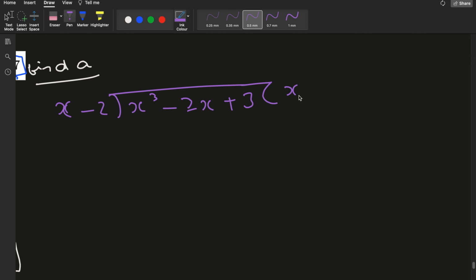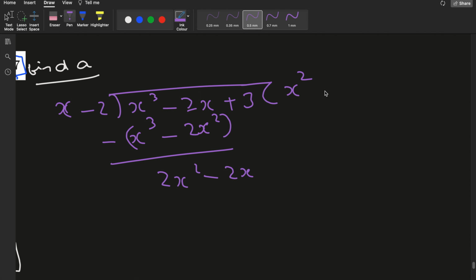So over here it would be x squared. So x cubed minus 2x squared. Let's subtract this. It's going to be 2x squared. Bring down the 2x minus 2x, so it's going to be plus 2x. So 2x squared minus 4x.